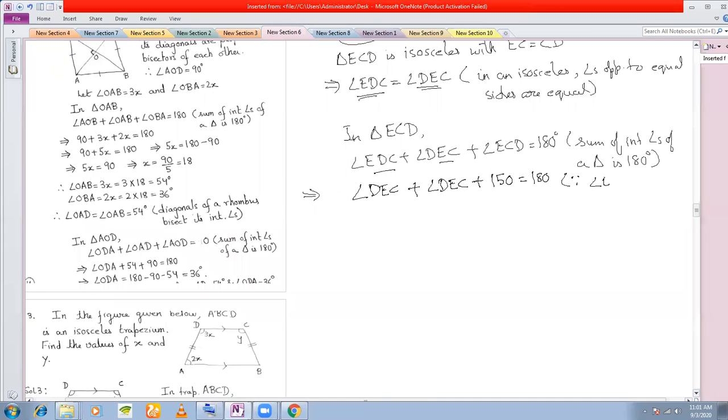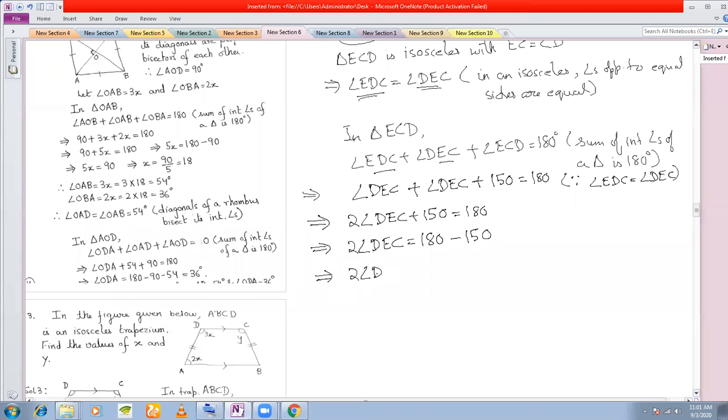Since angle EDC is equal to angle DEC, that means twice angle DEC plus 150 is equal to 180. Now you solve for angle DEC. Therefore, twice angle DEC is equal to 180 minus 150.